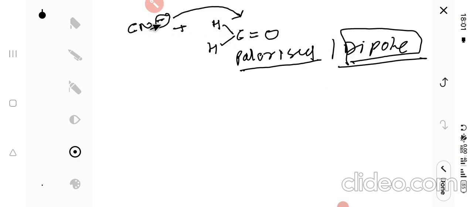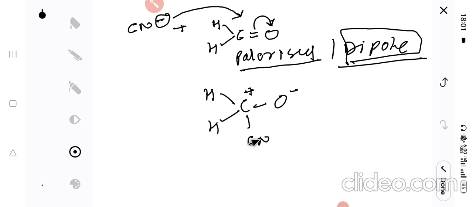So here, when the negative charge comes to this carbon atom, because oxygen is electronegative, it attracts the pi electron pair, and in this case it becomes O negative and C positive, right? And CN gets attached to this, right? So the second way is polarization, meaning dipole.